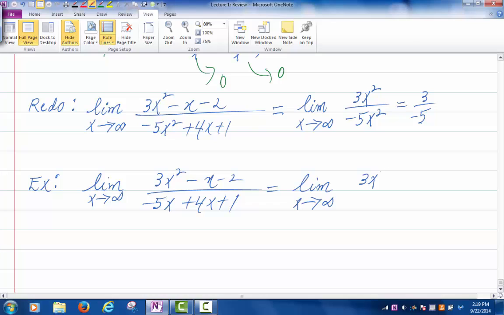You still take the dominating terms. And now when you cancel out, you are not getting negative 3/5. What you're getting is negative 3/5 times x. Now as x goes to infinity, this thing goes to negative infinity. Okay? Is that making sense?